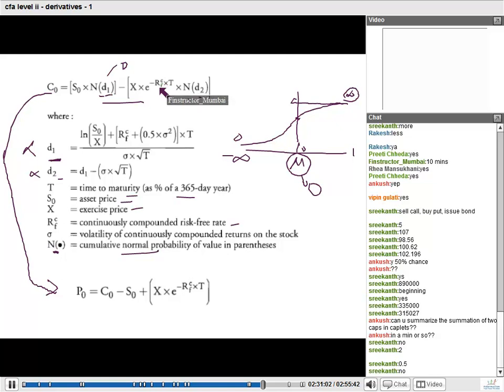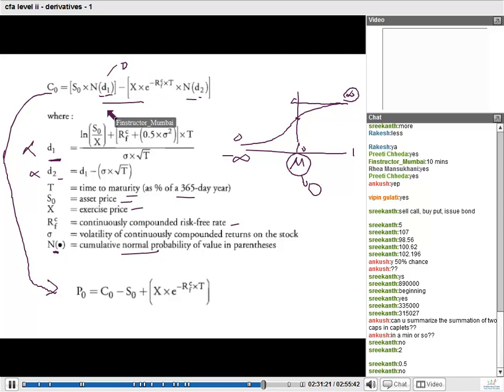Why is that? Because e raised to power minus r is coming in the denominator. So as r increases, this whole term will decrease. So less gets subtracted from the total, hence the value of a call option increases.